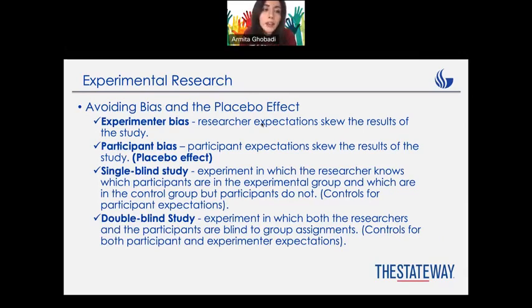We have experimenter's bias. Sometimes if you know about the research question, if you know which participant is in the control group versus the experimental group, your behavior is going to change. For example, one time we were conducting a study on the literacy level of bilingual Hispanic people.